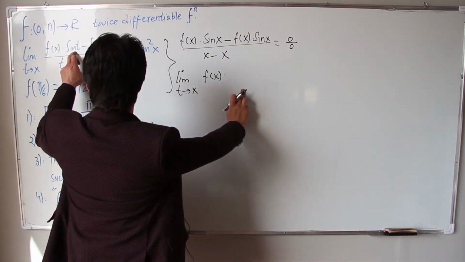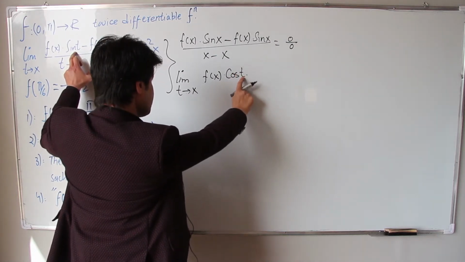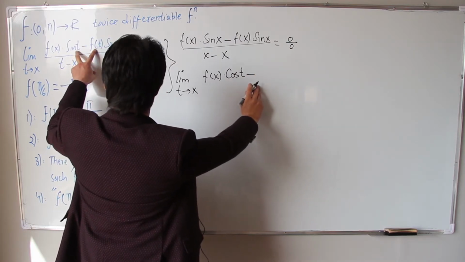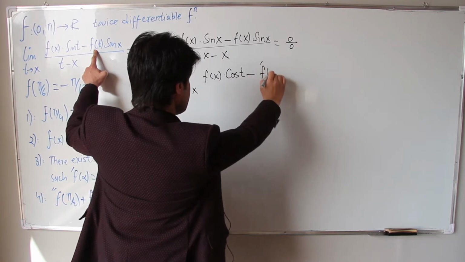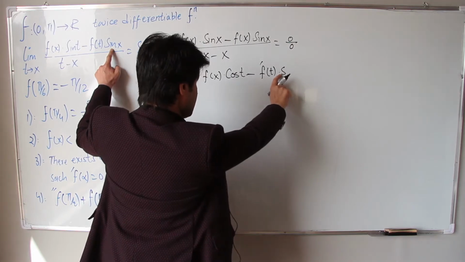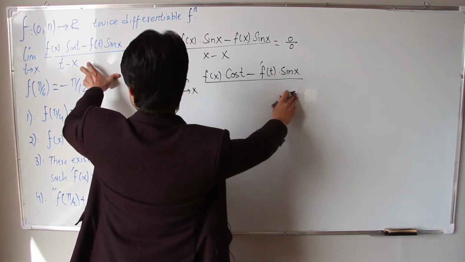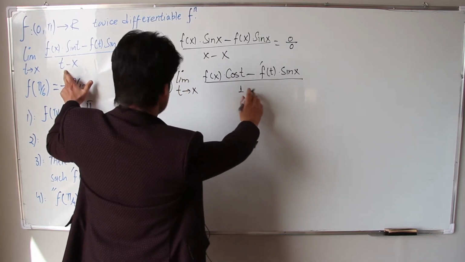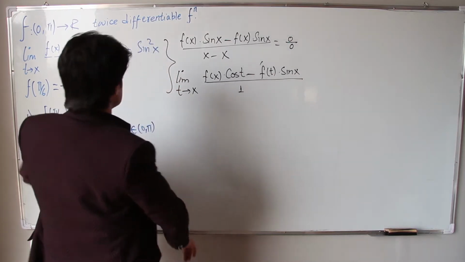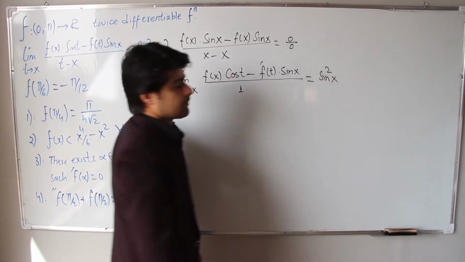What's the derivative of sine t? It's cosine t, and the derivative of t is 1, minus the derivative of f(t), which is f prime t. And sine x is a constant in multiplication, so we put sine x, divided by the derivative of t minus x, which is 1, and x in subtraction is 0. The result is sine squared x.